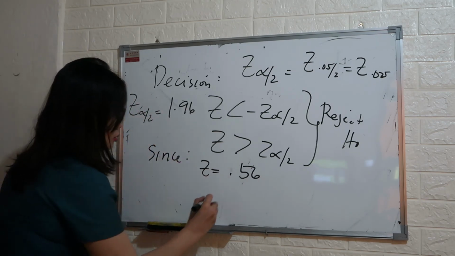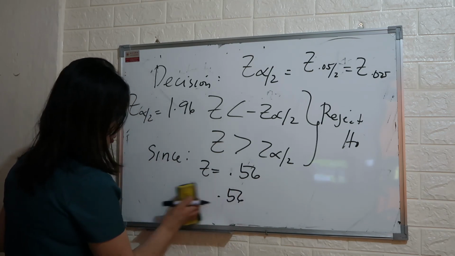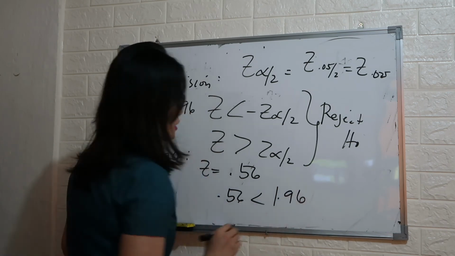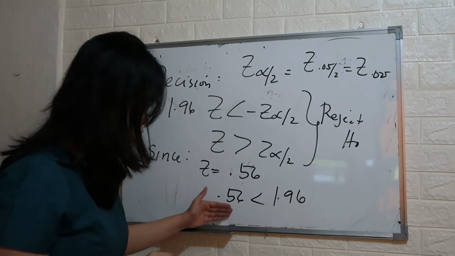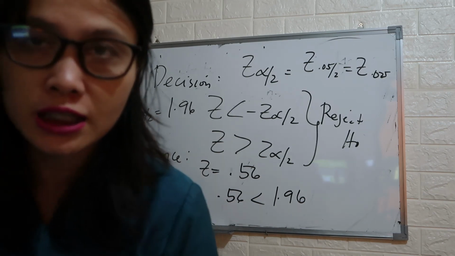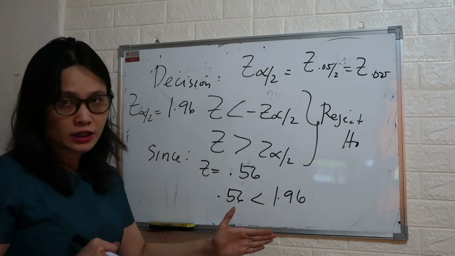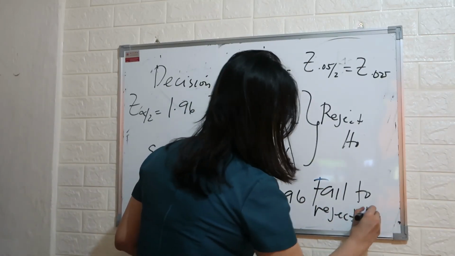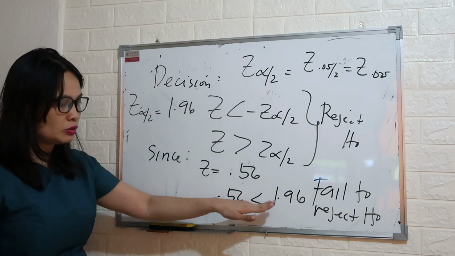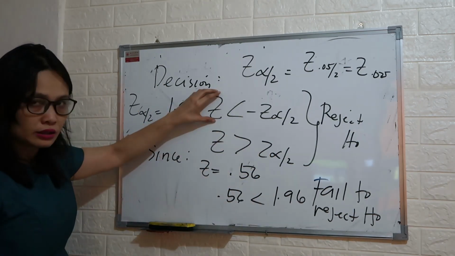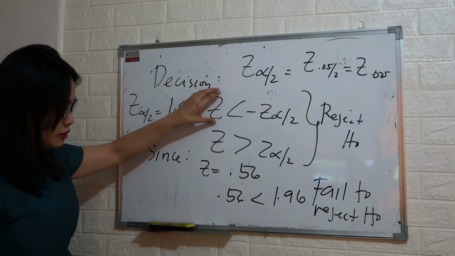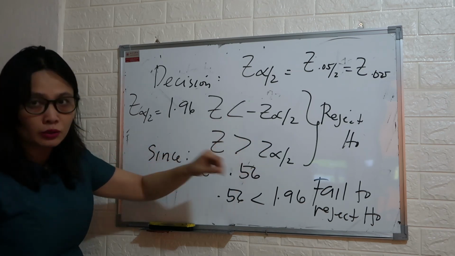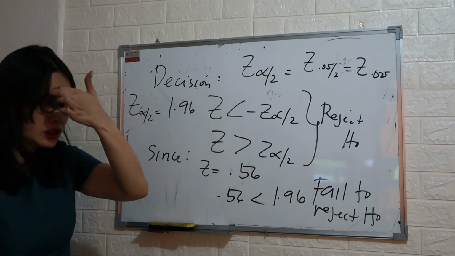So 0.56 is less than 1.96, meaning you need to fail to reject your HO. You can only reject HO if the Z value is less than negative Z alpha over 2, or Z is greater than Z alpha over 2. In here, 0.56 is less than 1.96, so fail to reject HO.